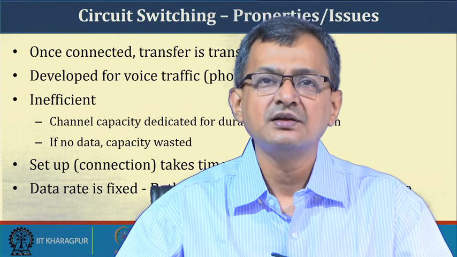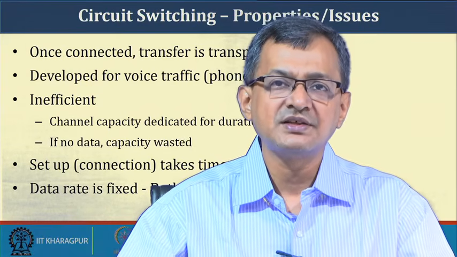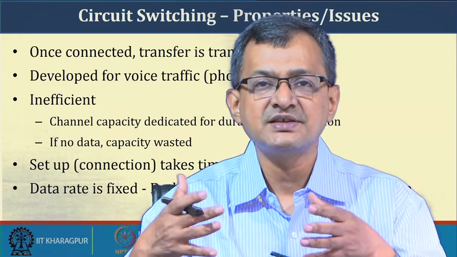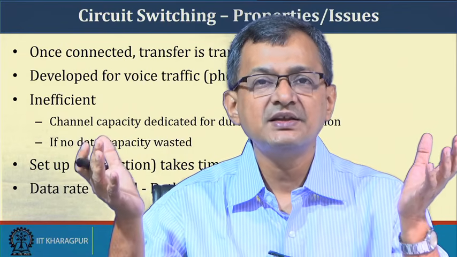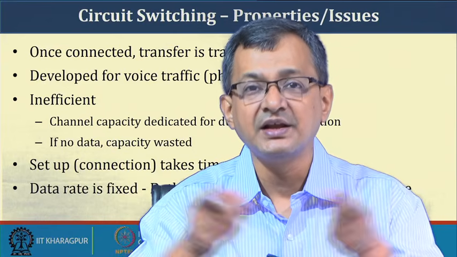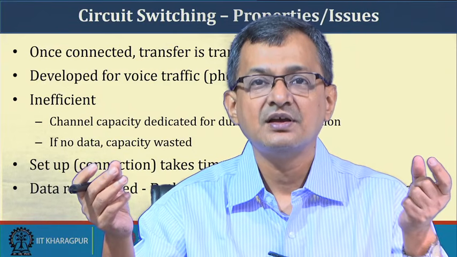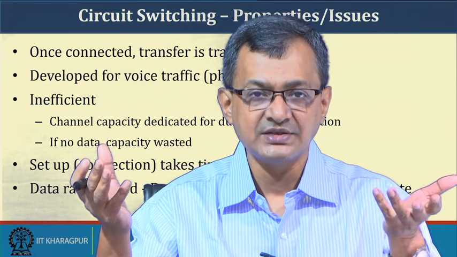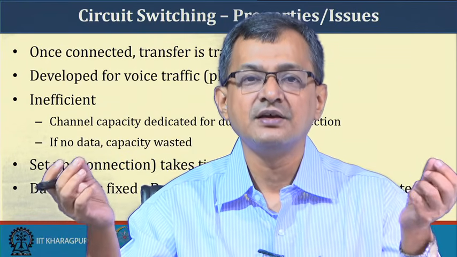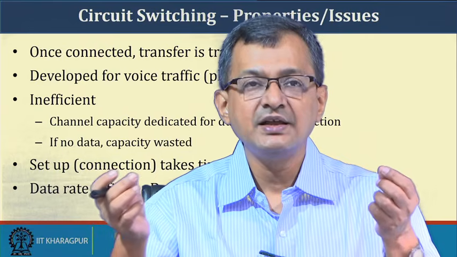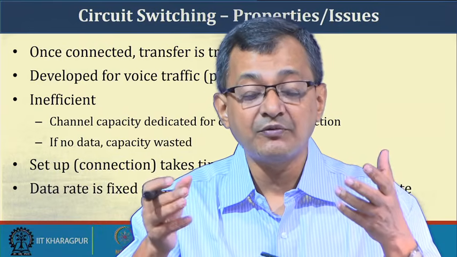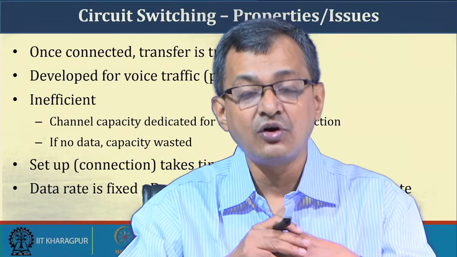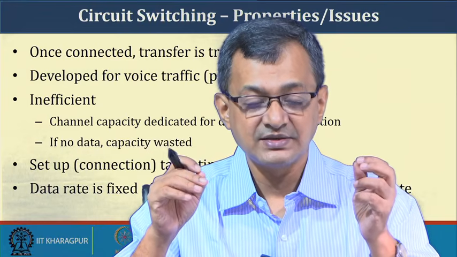Once it is connected over the exchange and trunks, it is as if it is a dedicated line between the source and destination with appropriate resources, so you can go on communicating. So this is a dedicated connection. Secondly, it was primarily developed for voice traffic, our traditional phone connections.